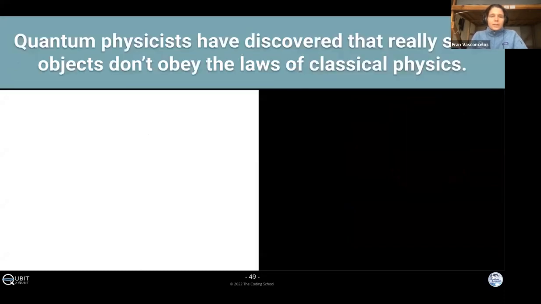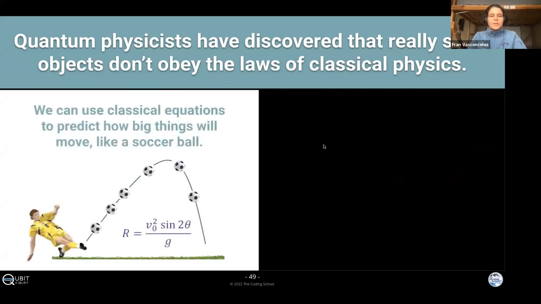And so one thing that's really interesting, and the interest in quantum mechanics, comes from the fact that physicists have discovered that these really small objects don't actually obey the laws of classical physics. So for those of you who might have taken a class in, say, classical mechanics or an introductory physics course, you've probably learned about the standard Newtonian equations like F equals ma and those sorts of things, which allow us to predict how big things will move.